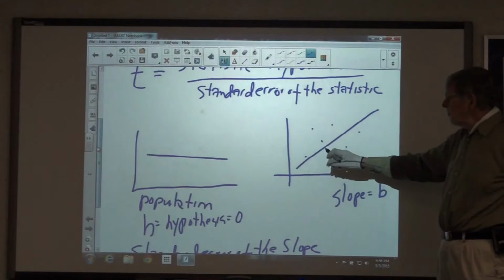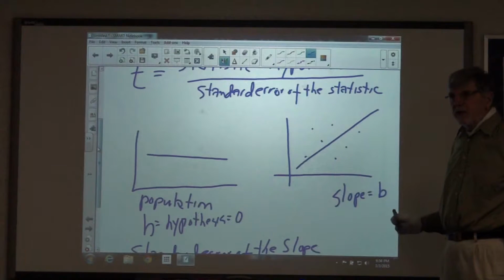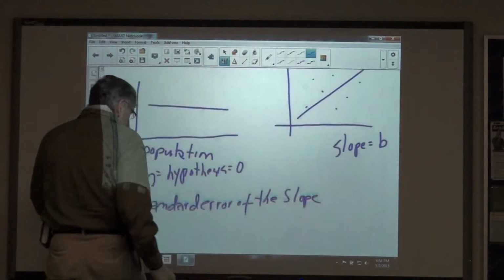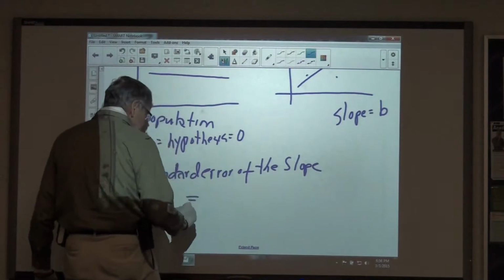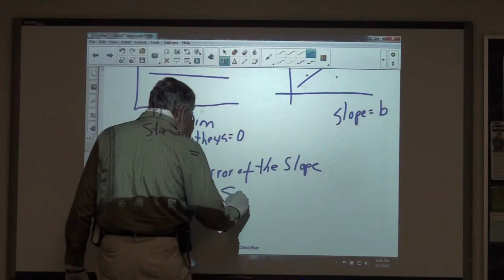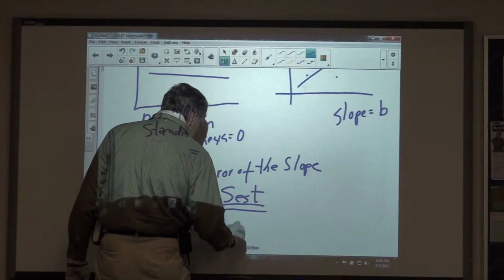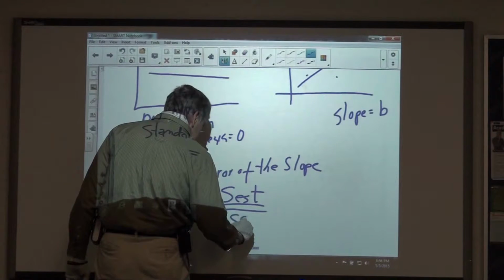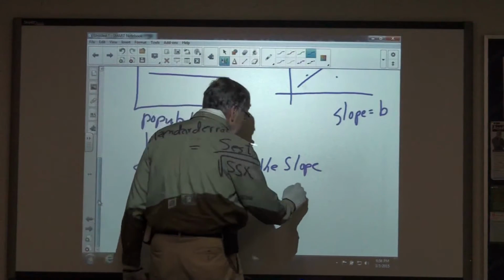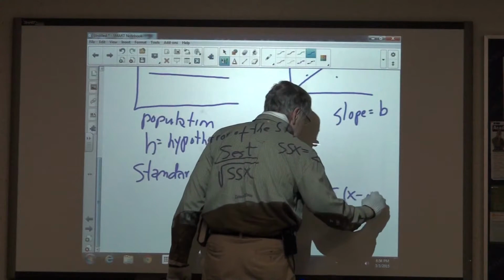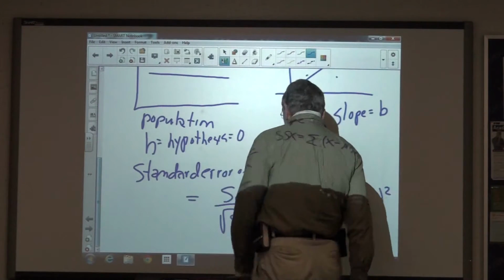So if you made a distribution of all the slopes of all the samples, what would the standard error be? Well, the standard error of the slope is known to be the standard error of the estimate divided by the square root of SSX, where SSX is equal to the sum of x minus the mean of x quantity squared.